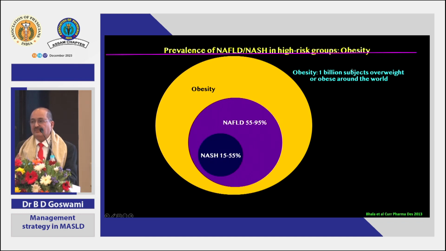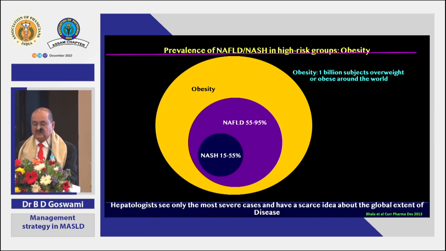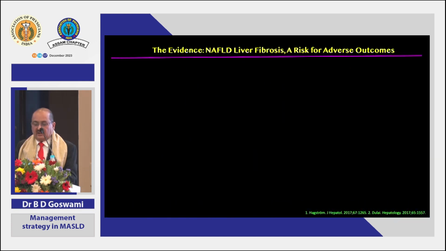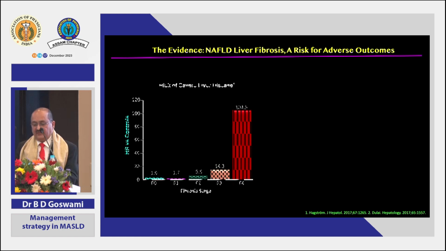So just imagine how many patients we have with the risk of NAFLD, or for that matter, the complications of NAFLD. Again, this is a limited picture, because it is a gastroenterologist or a hepatologist who sees this number of patients. Then if you see the whole scenario, if there is fibrosis, it leads to so much mortality or morbidity of NAFLD.